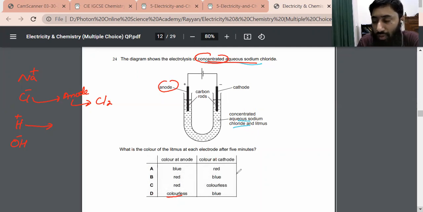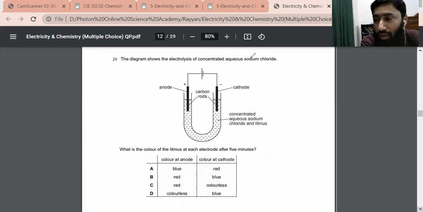I am confused about this. I am not sure whether it is acidic or basic in nature, but the correct answer is blue. I am confused here. If you can help me understand why the color at the cathode is blue, I will be very thankful to you. So these are the questions which I have solved.